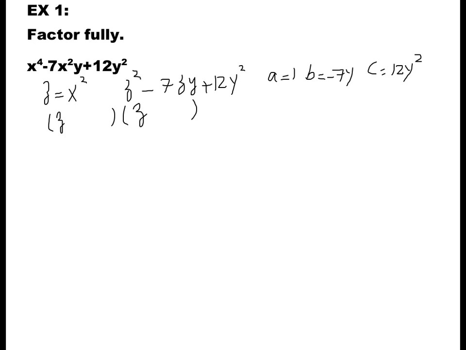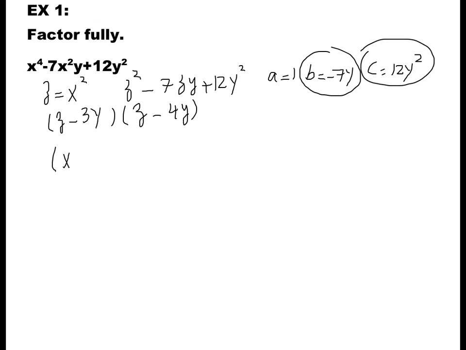So let's try negative 3y and negative 4y. Negative 3y times negative 4y gives us 12y squared, and negative 3y plus negative 4y gives us negative 7y. Now I'm going to replace z with x squared, so I get x squared minus 3y times x squared minus 4y.